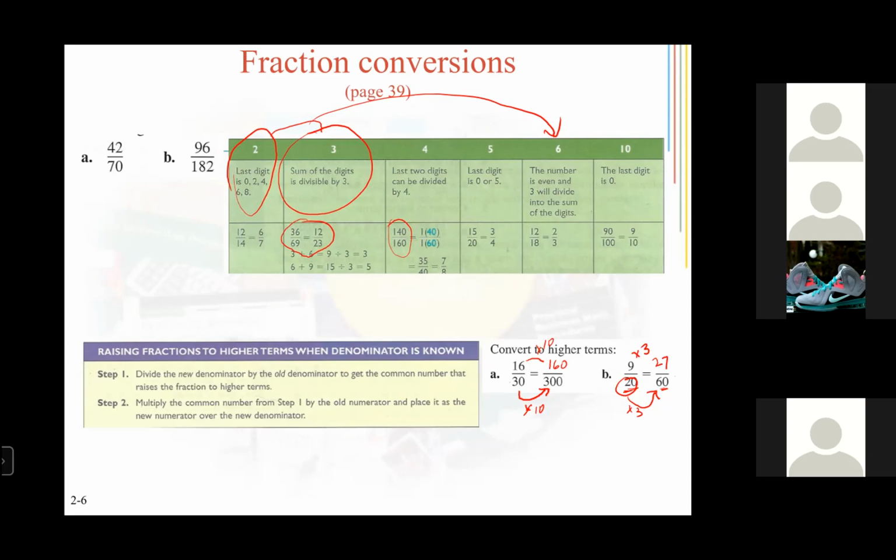So in the first one, 30 into 300 goes 10 times. Once you get that common number, you use it to multiply the numerator to find what the new numerator should be. So 10 times 16 is 160.